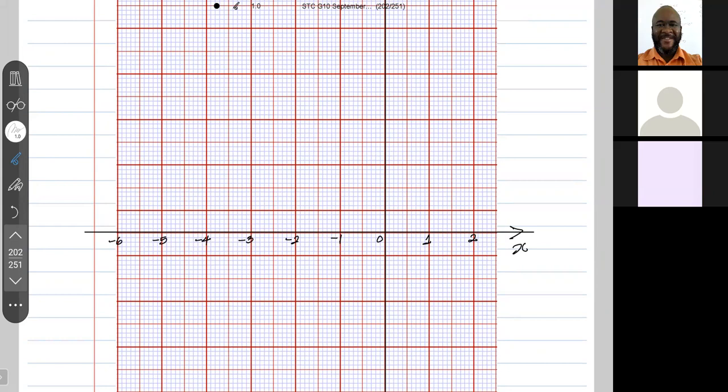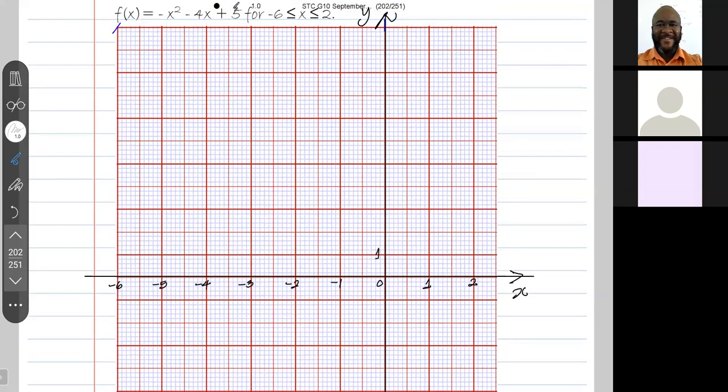So guys, this is something you have to do carefully because the graph must go out to -6 to the left, and it must reach or pass 2 on the right. You need to carefully position your axes.